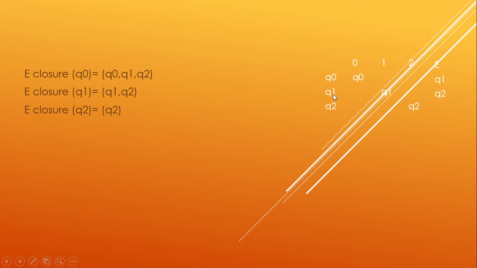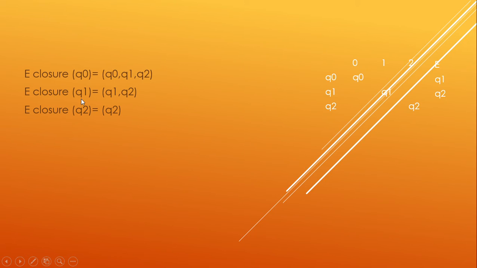Then in Q1 there is no transition for 0 and 2, and for 1 it goes to itself, Q1, and for epsilon to Q2. And for the state Q2 there is no transition for 0 and 1 and also epsilon, and for input symbol 2 it goes to itself.